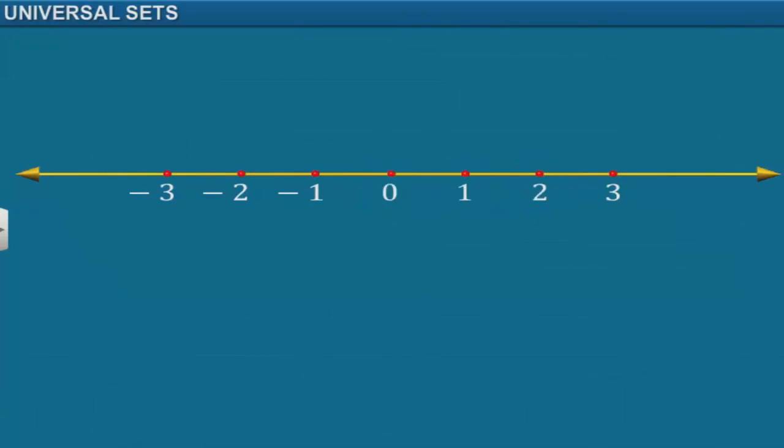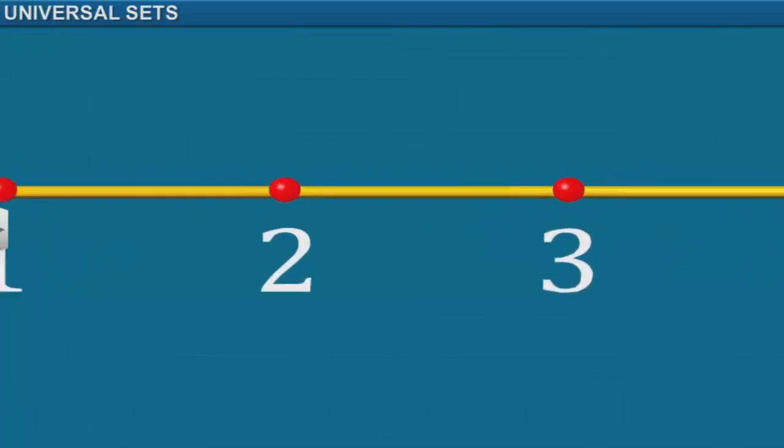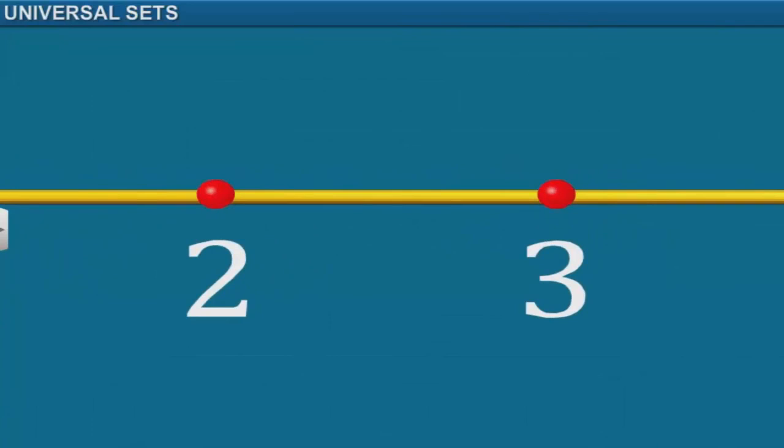For example, let's consider the real numbers in the interval between the numbers 2 and 3. 4 types of intervals can be considered with these 2 points as the endpoints. The first interval includes the numbers 2 and 3. This interval consists of all the numbers between the numbers 2 and 3.